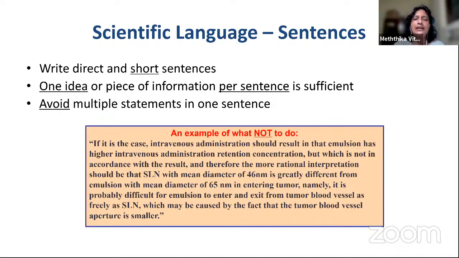And remember, when you write a sentence, just put one idea or one piece of information in one sentence. Don't try to merge two ideas in a sentence. Just one idea per sentence is sufficient, right? So avoid multiple statements in one sentence. These two important aspects will lead you to write good sentences.